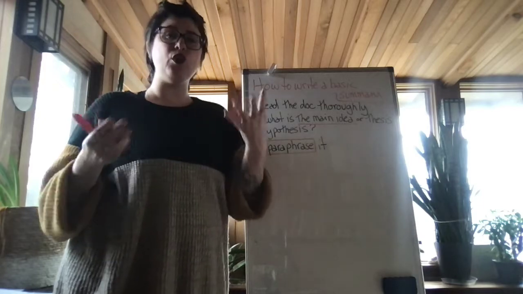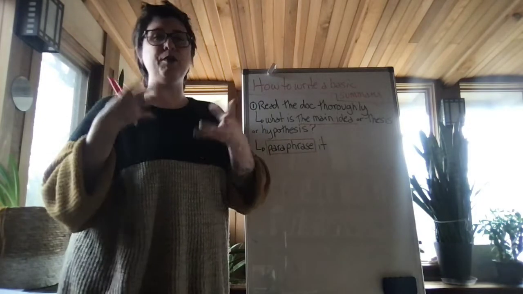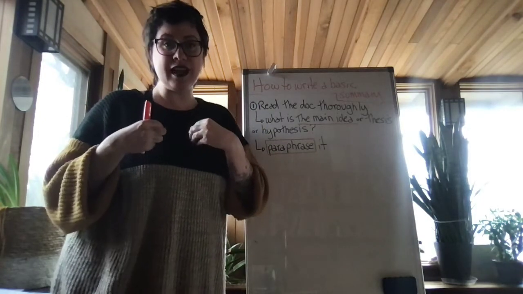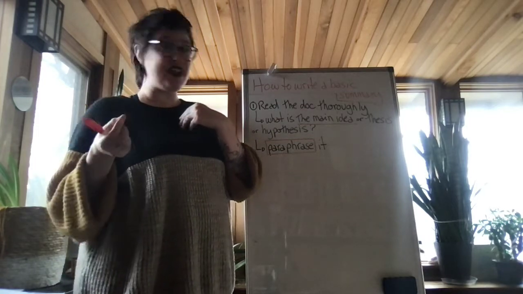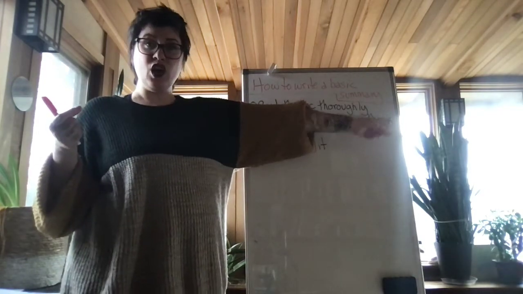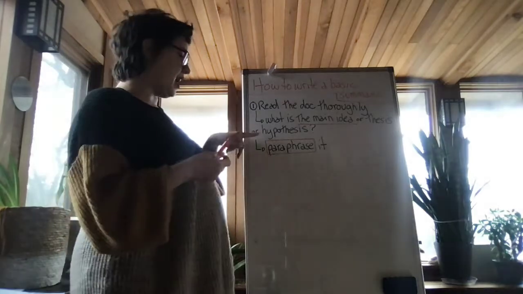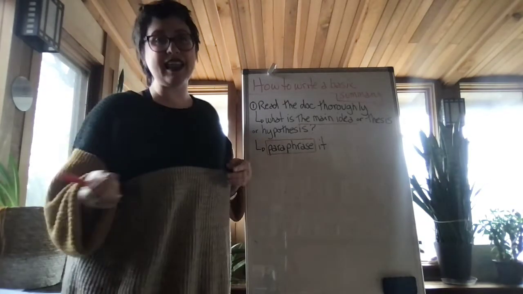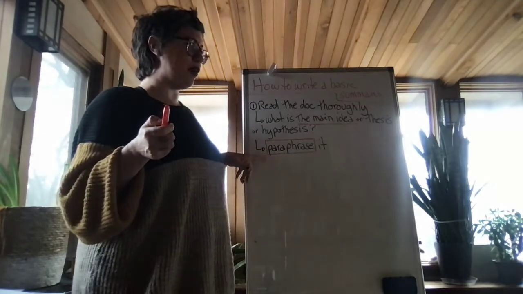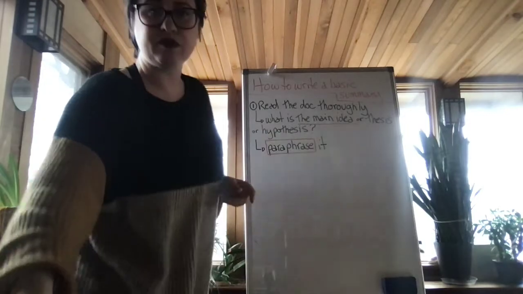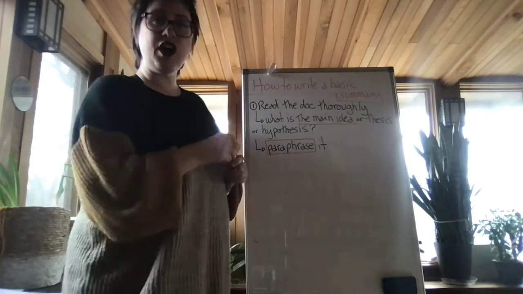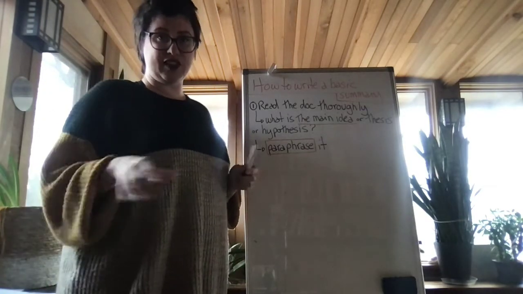So then you aren't really paraphrasing, you're more putting it into your own words. But maybe you have identified a thesis, or maybe you have identified a hypothesis, and if that is the case, you need to paraphrase it. Okay. All right, so once you've done that, that is the first thing you need to do.